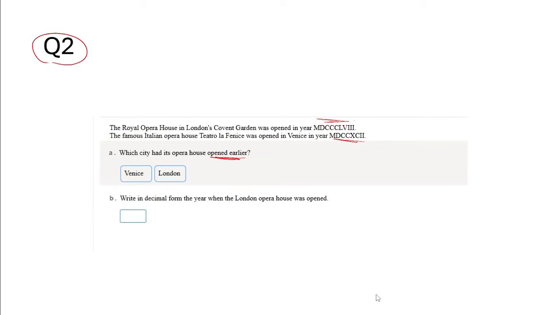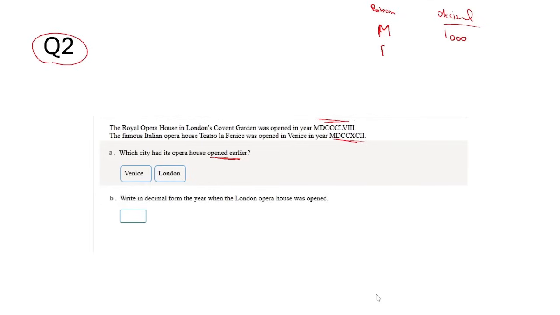For Roman numerals, this is the Roman, and this is the decimal. For M, the corresponding decimal number is 1000.